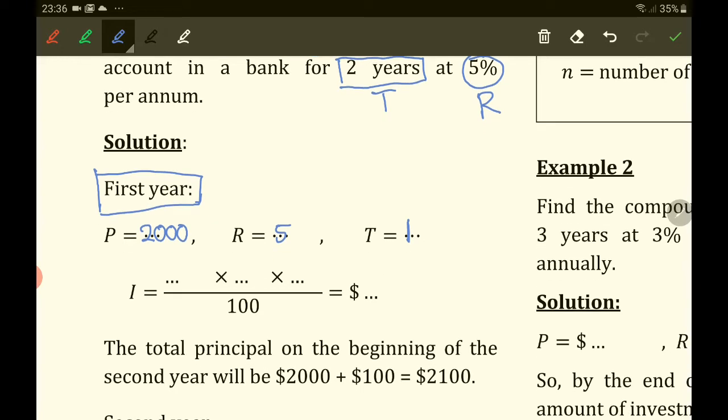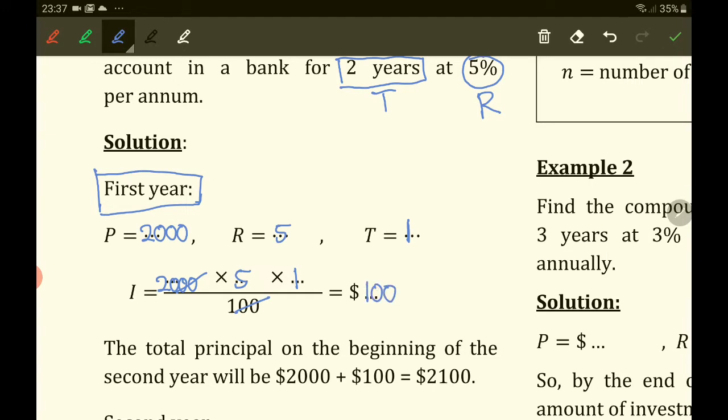So you just need to substitute into the formula of simple interest: P times R times T. P is 2,000, R is 5, and T is 1. We can cancel the zeros, and 5 times 20, we have $100.